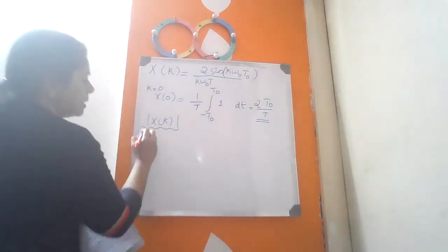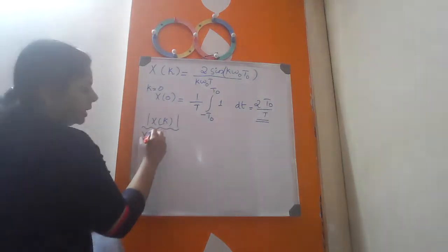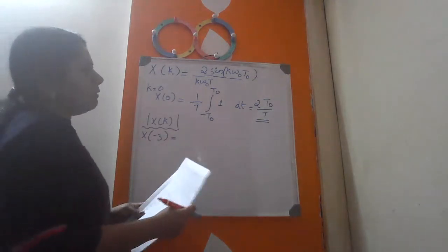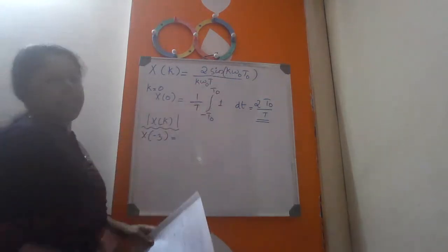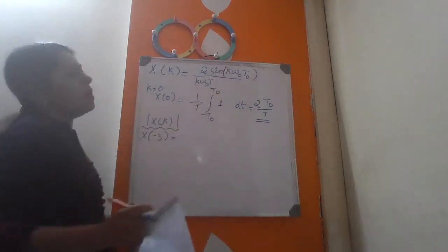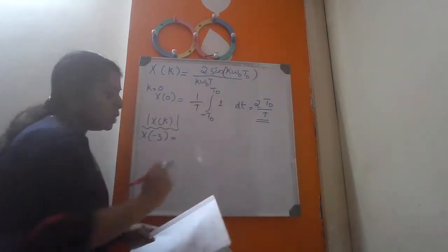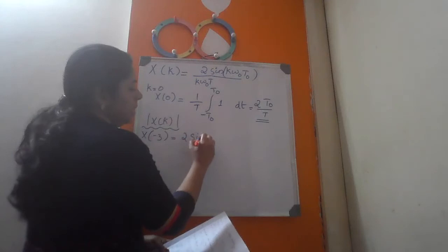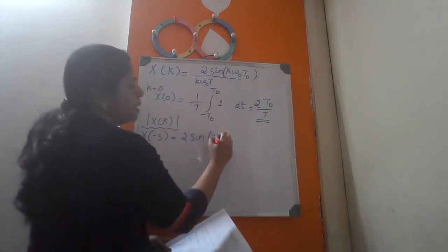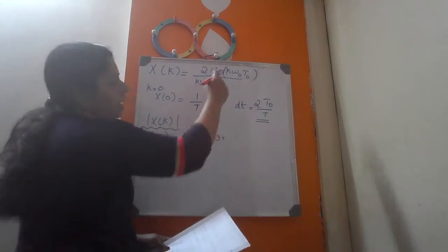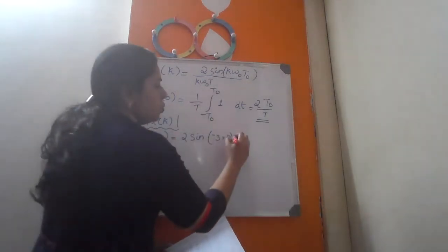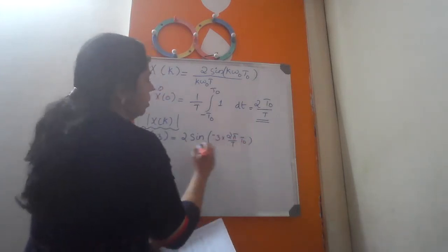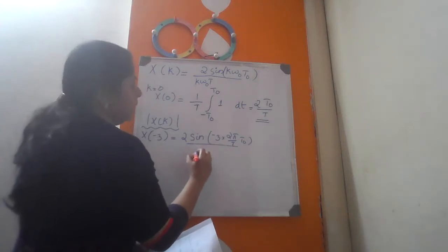First, if I substitute k equal to minus 3, that is capital X of minus 3. Here I have to substitute k equal to minus 3. You know the omega naught value, so I'll do that calculation here. So here we get 2 sine of k, with minus 3 substituted, multiplied by omega naught, which is 2 pi by T, multiplied by t naught, all divided by k.